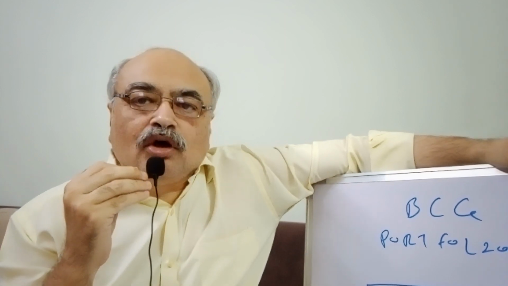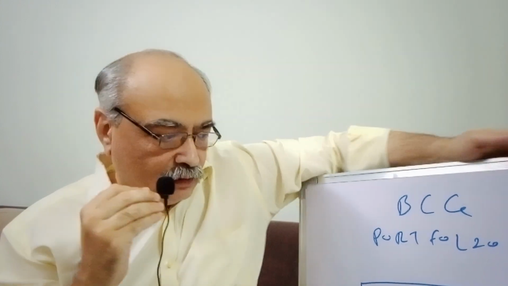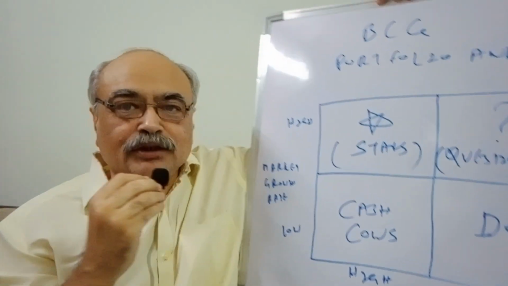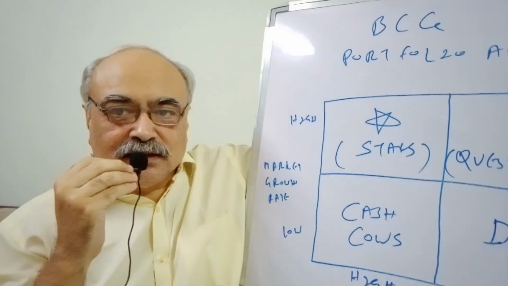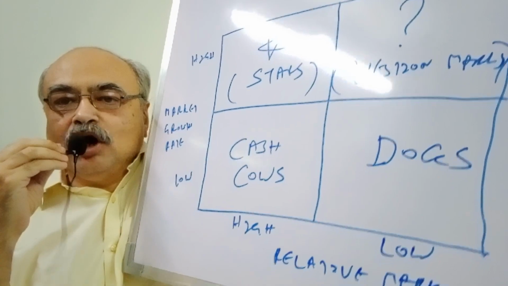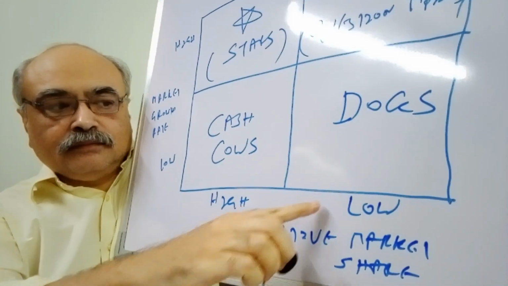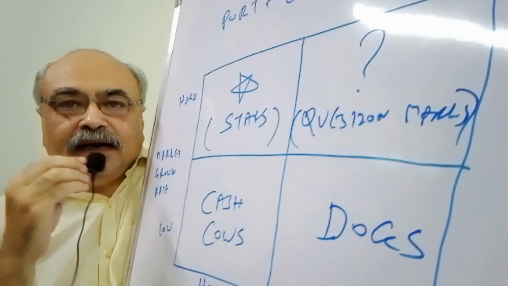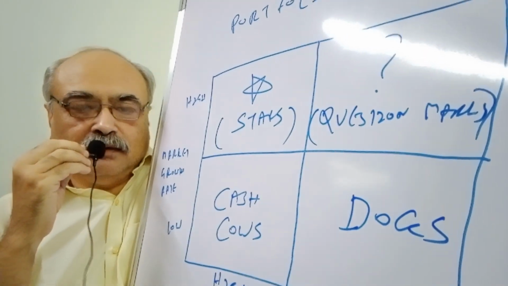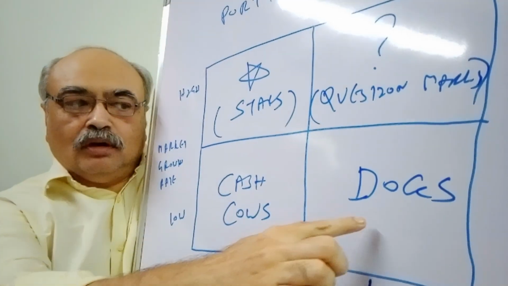So you are in a market which is not growing fast, and your market share is also low. Both are low. These are known as dog businesses, dogs. In dogs, the relative market share is low, and the market growth rate is also low.